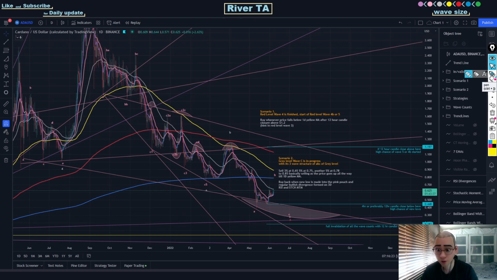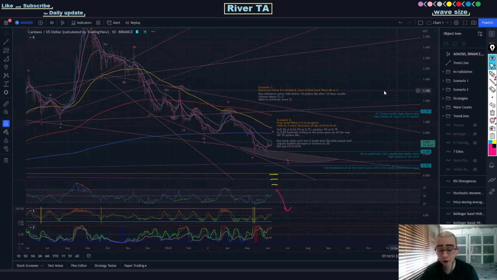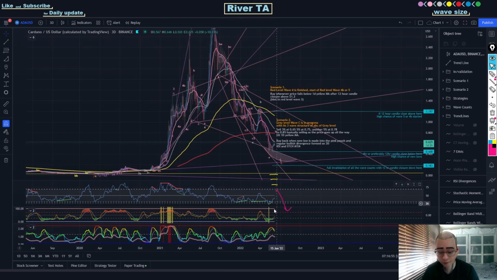So what we are going to do for that scenario is to basically sell here, here, and here as the price goes up and then down again, and then buy back when a new low is made into the pink pouch, and regular bullish divergence is formed on the 3-day RSI and stochastic momentum like this over here.